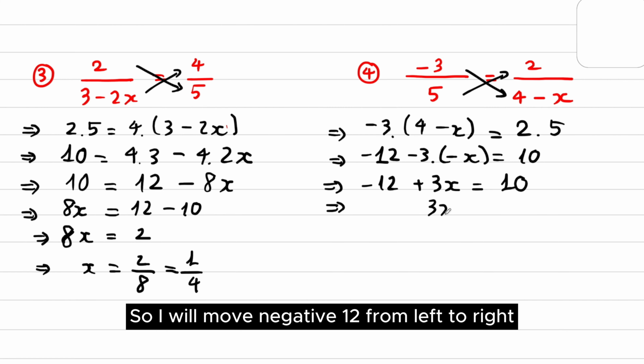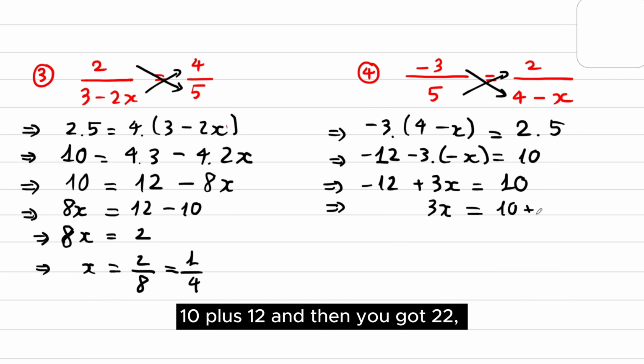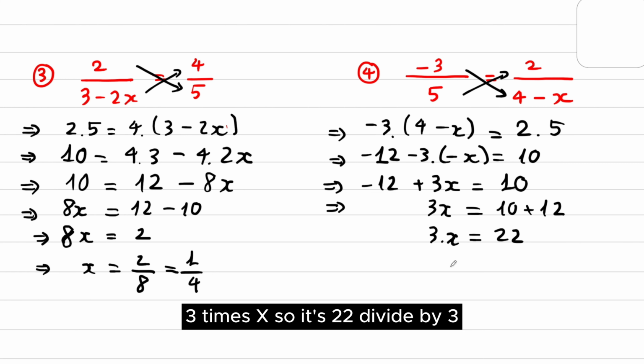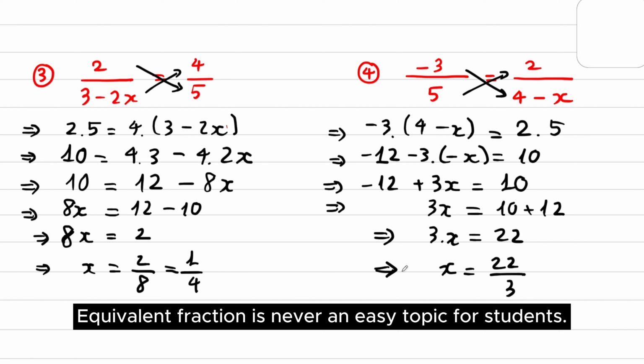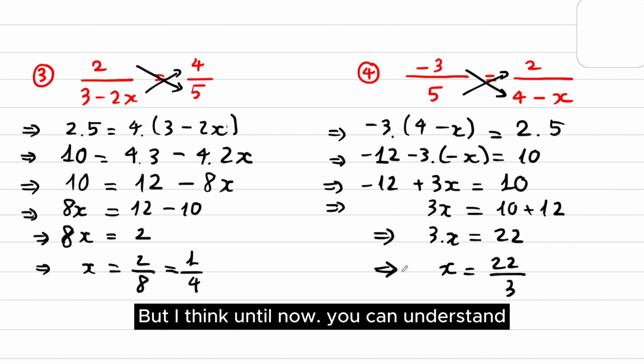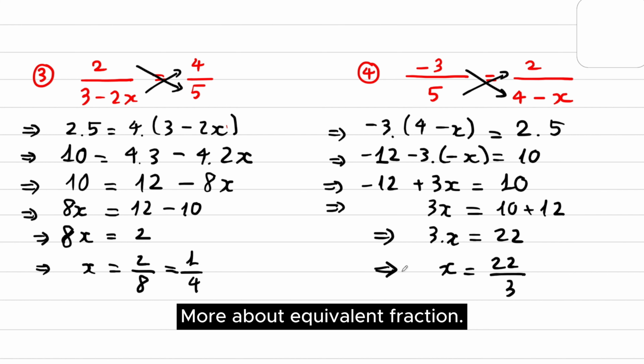So I will move negative 12 from left to right. 10 plus 12, and then you got 22. 3 times x, so 22 divided by 3. Yeah, that is the answer for question 4. A little bit longer than the other exercises, of course. Equivalent fraction is never an easy topic for students, but I think by now you can understand more about equivalent fractions.